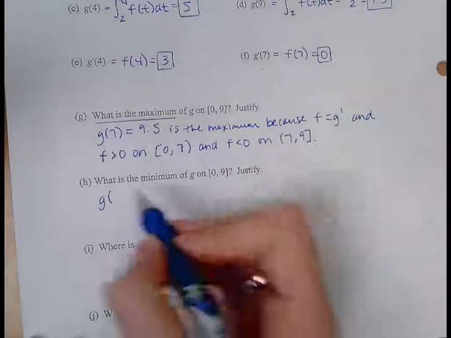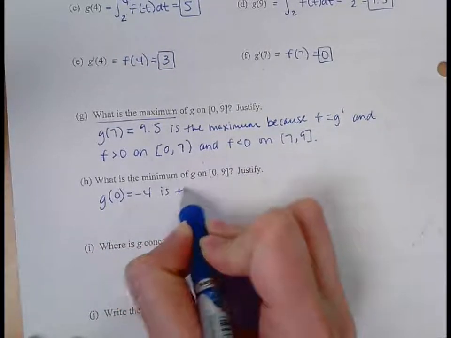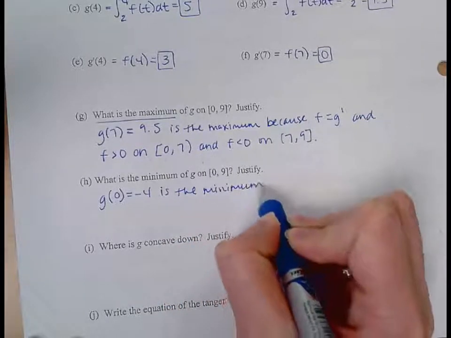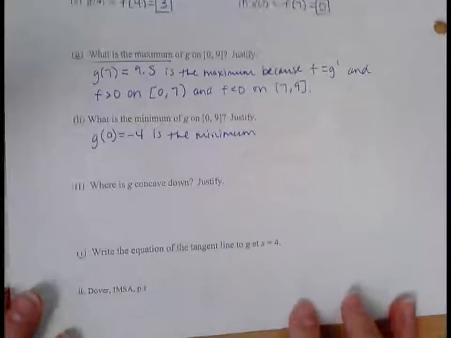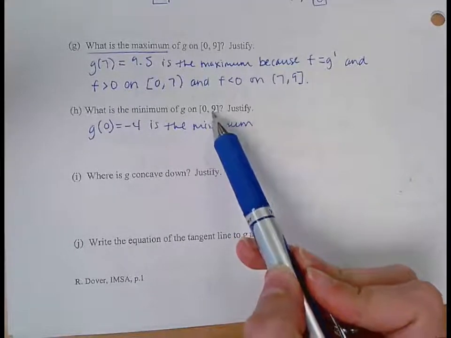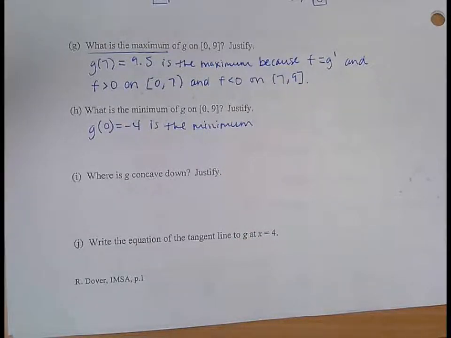So g, you're on the interval from 0 to 9. Then how is... I know they changed it up on it. How is what not 13.5?